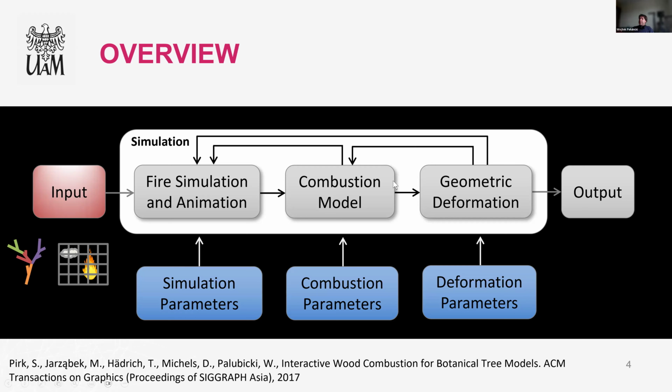And we will use the results of this combustion simulation to determine how our trees, how our vegetation structures should deform, how they should change under the influence of this fire and its combustion.